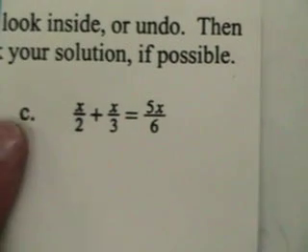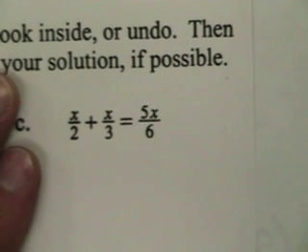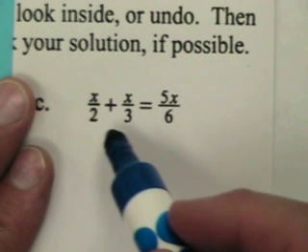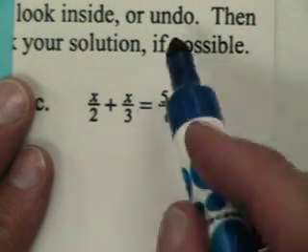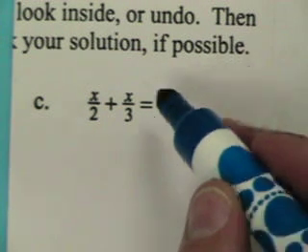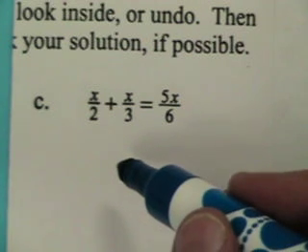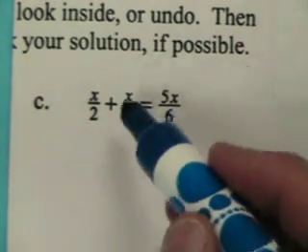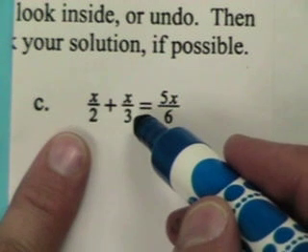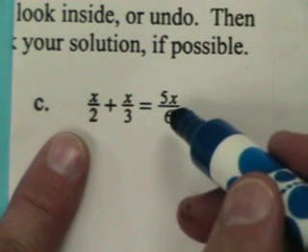Okay, a couple ways we can deal with this one. I'm thinking that I might want to combine these first and then maybe be able to cross multiply. So I need to make them the same denominator. Let's just see what we get. I need a common number for 2 and 3, and that happens to be 6. That's kind of nice.